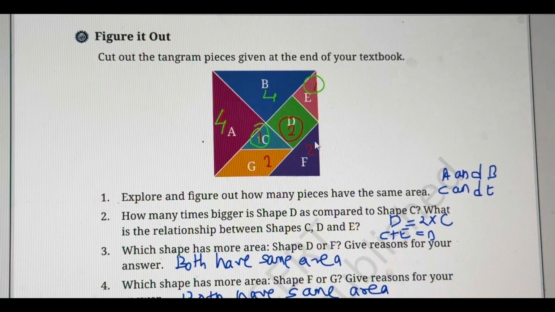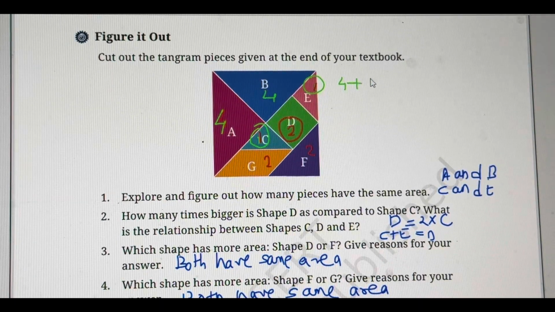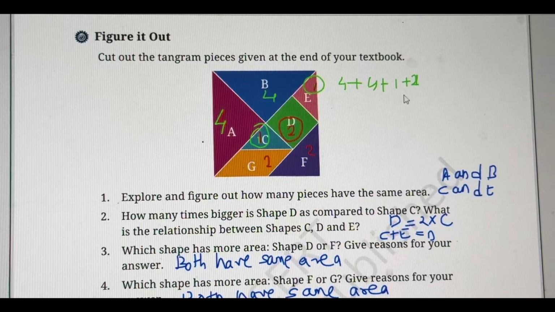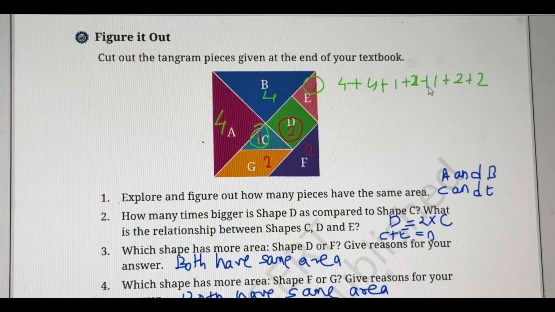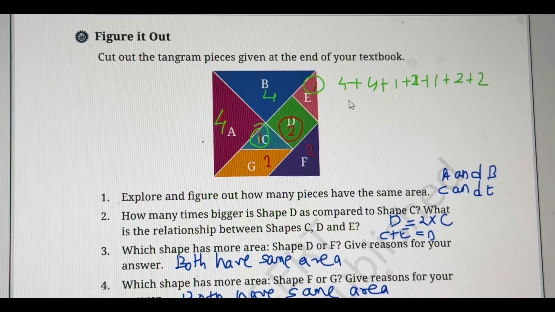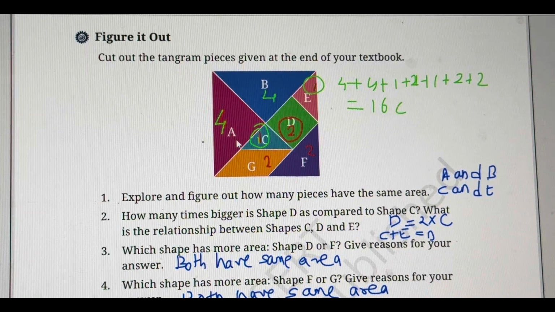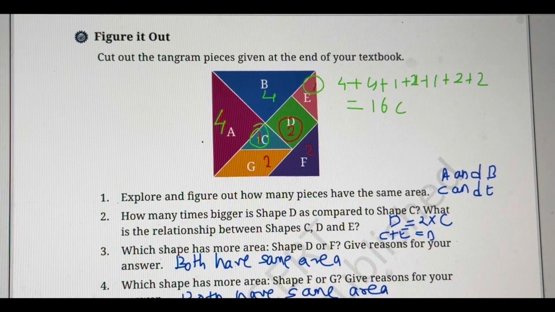So if we add all the areas here, 4 plus 4, then 1 plus 2 plus 1 plus 2 plus 2. If we add all of them, 4 plus 4 is 8, 9, 10, 11, 12, 13, 14, 15, 16. So this comes to 16C because we have considered 1C as 1. Right? In terms of that, we have understood. So this will be 16C.